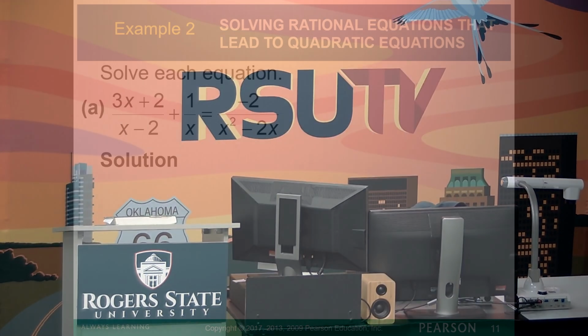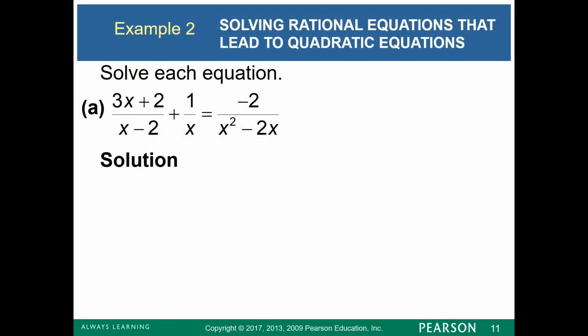Now if you want to solve this equation, we have 3x plus 2 over x minus 2 plus 1 over x equal to negative 2 over x squared minus 2x, right?